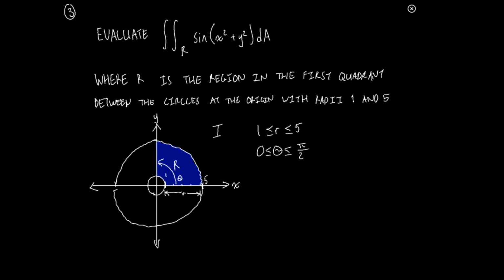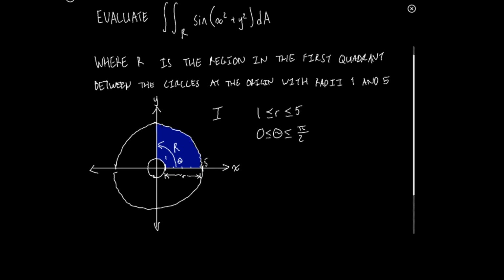Now let's rewrite our double integral. When we're rewriting a double integral in polar coordinates, one thing that we want to keep in mind is our identities.